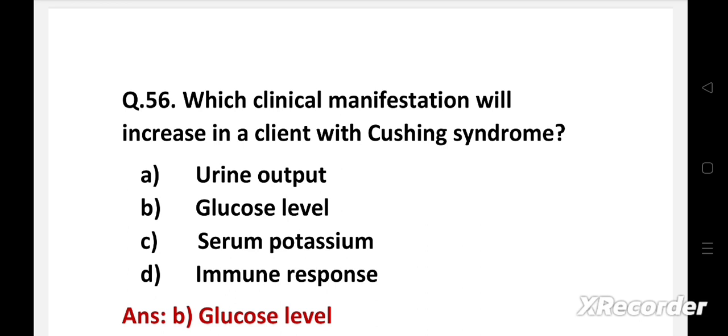As a result of increased cortisol levels, glucose metabolism is altered, which may contribute to an increase in blood glucose levels. Increased mineralocorticoids will decrease urine output. Sodium is retained by the kidneys, but potassium is excreted and the immune response is suppressed in Cushing syndrome.